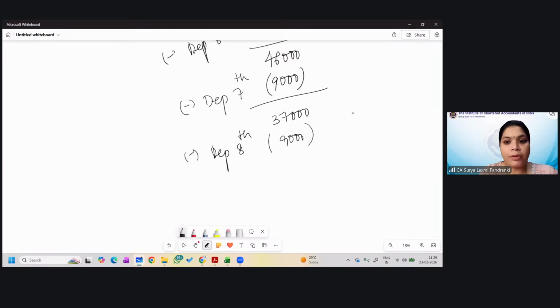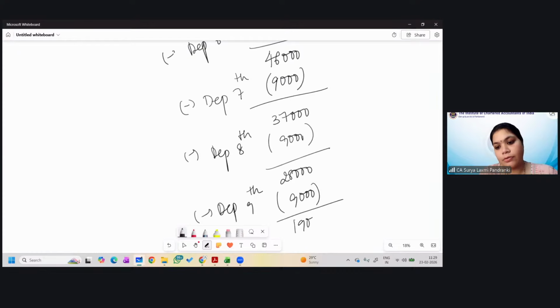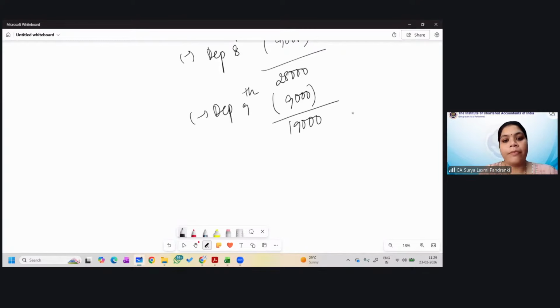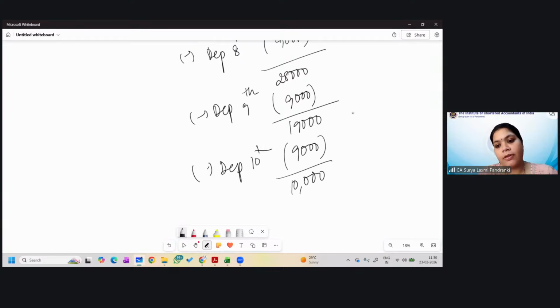How much is the value? 28, okay. And then minus depreciation for ninth year is again 9,000. How much? 19,000. Okay. Minus depreciation for 10th year is 9,000. This is 10,000. Oh, finally, we arrived at it.